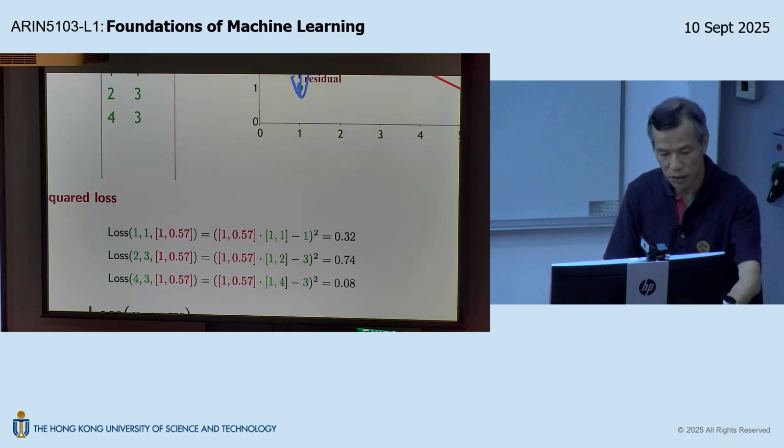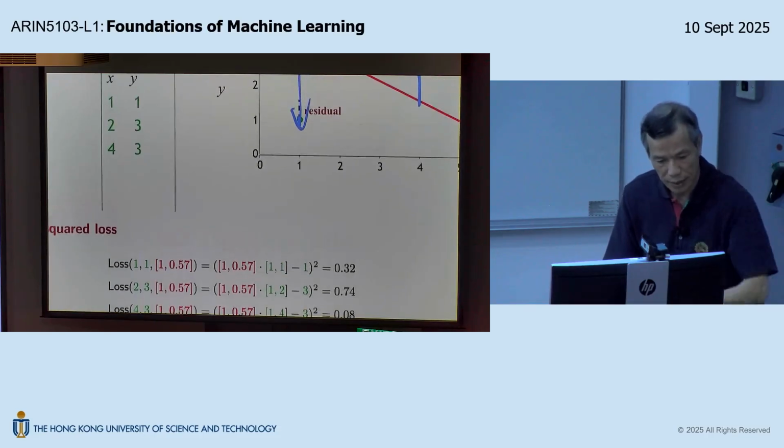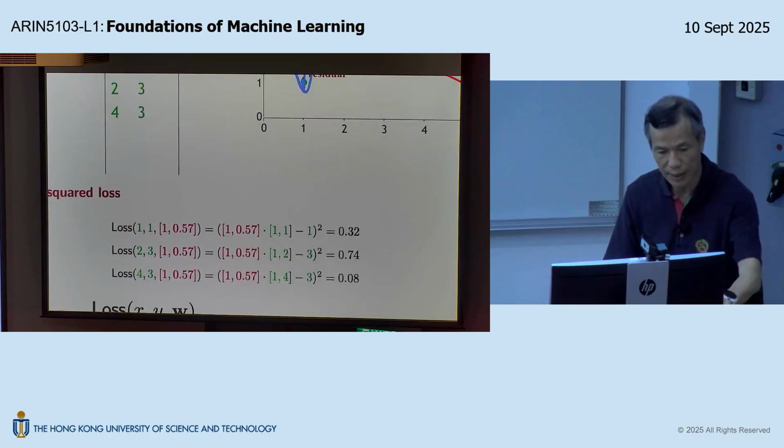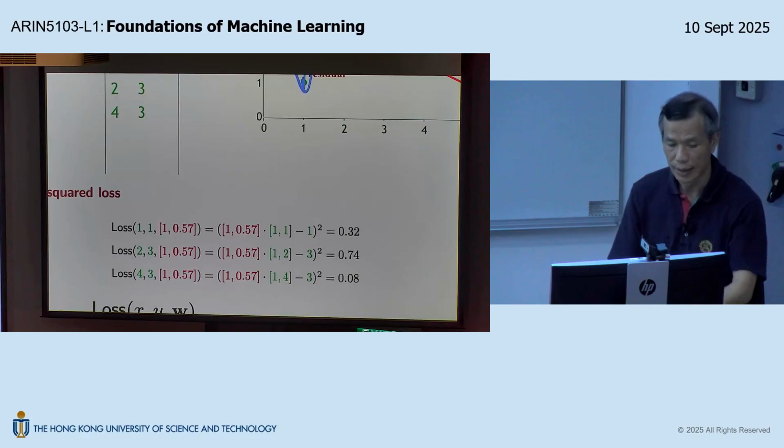For this particular W you obtain the line, and recall that we have 3 training samples. For each sample, you can obtain the corresponding loss value. This is W times X minus Y, squared. For the first point, the square loss is 0.32, and so on.